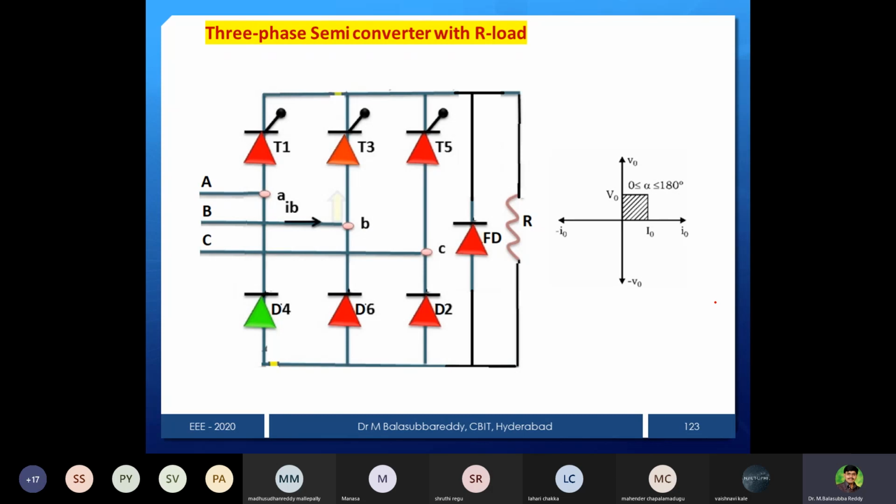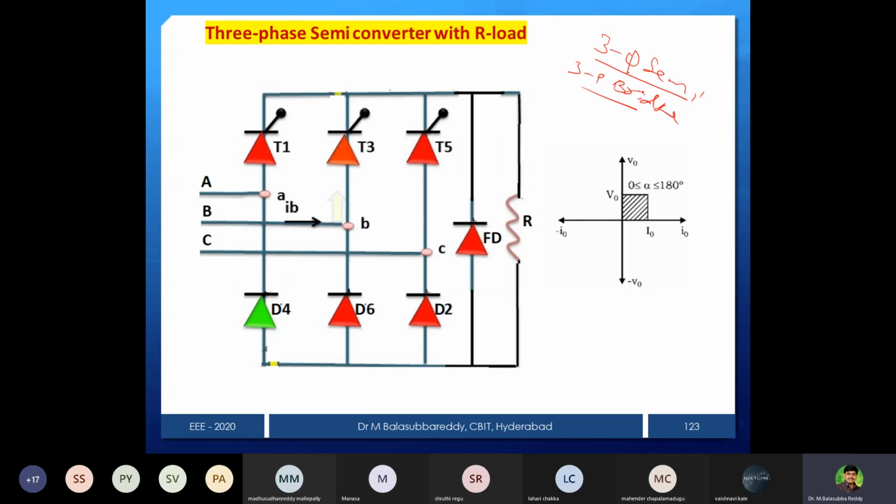But in this case, what we are going to discuss is the 3 phase semi converter, or you can say a 3 pulse bridge rectifier. In a 3 pulse bridge rectifier, your output is the same as the line to line voltage. That is the difference between the midpoint case and the bridge case. In a midpoint converter, the output is a phase voltage.